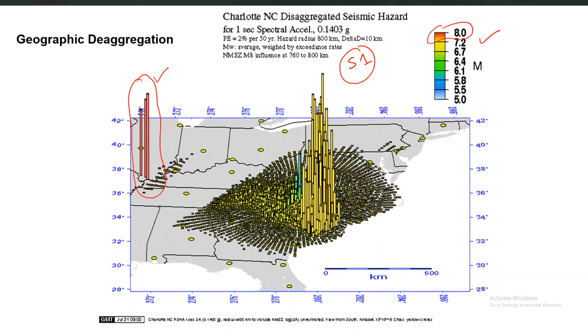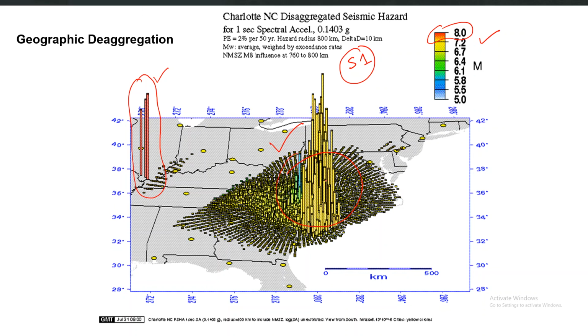So which means that at this particular site you have the most contribution from the moderate to high earthquakes which can occur close to the site, and also the contribution is high for high magnitude earthquakes which are occurring at far off places from the actual site.